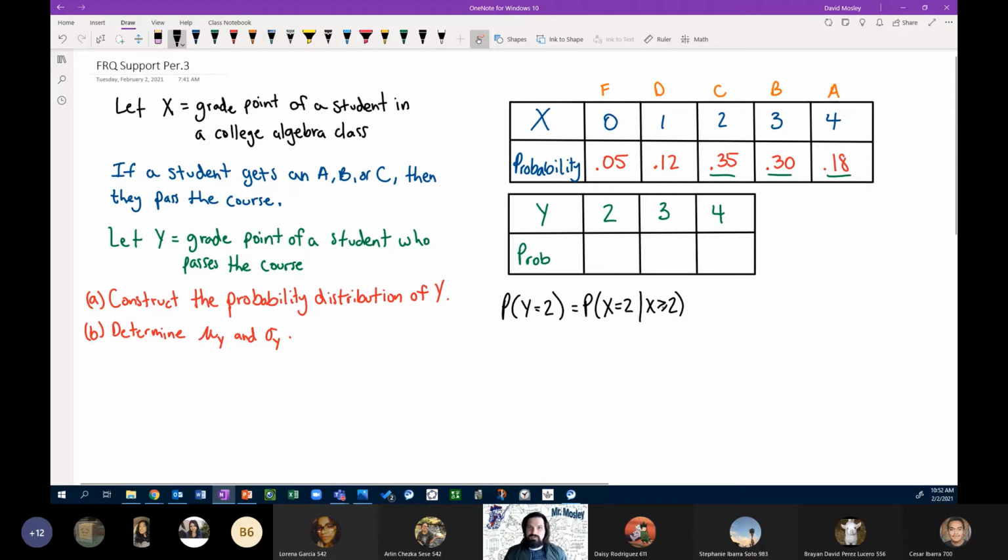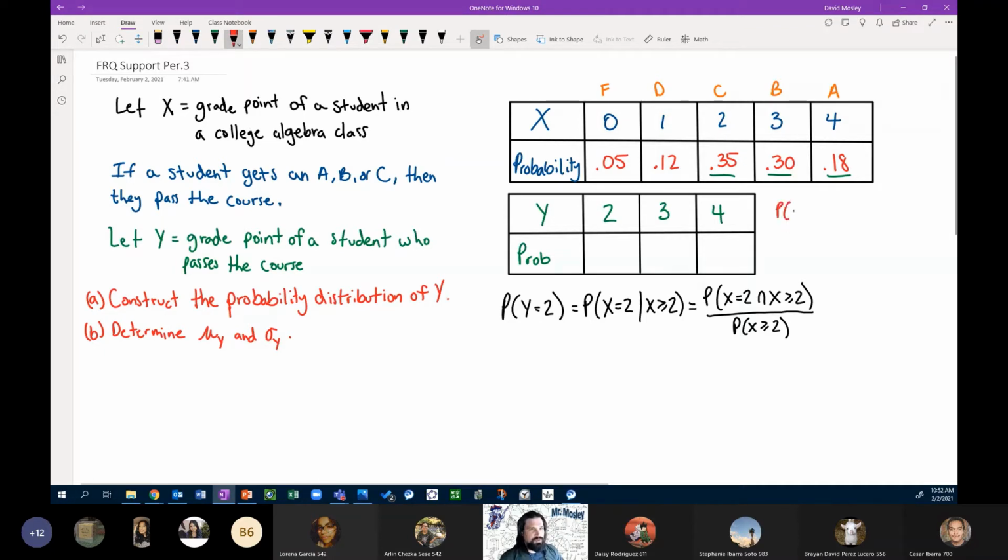Right? So if I know the student passed, what's the probability that they have a C in the course is what we're finding. Right? This is equal to the probability of x equaling 2 and x being greater than or equal to 2 divided by the probability of x being greater than or equal to 2. Right? So I have some stuff here.